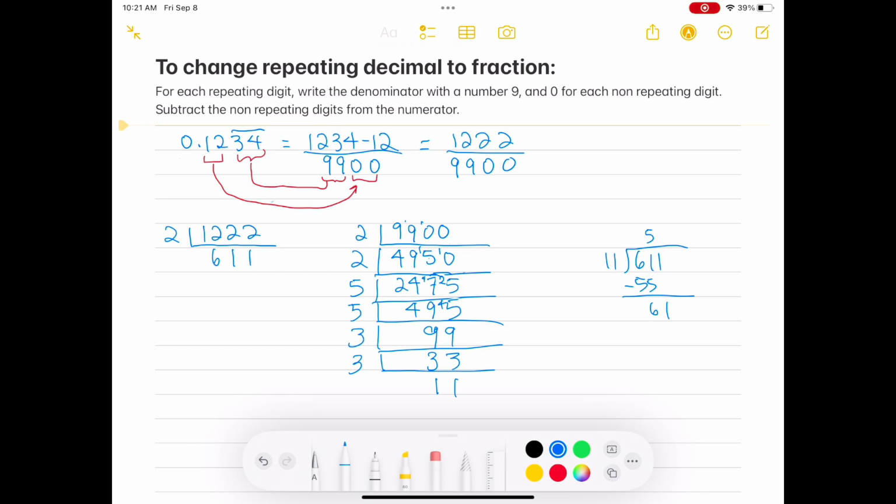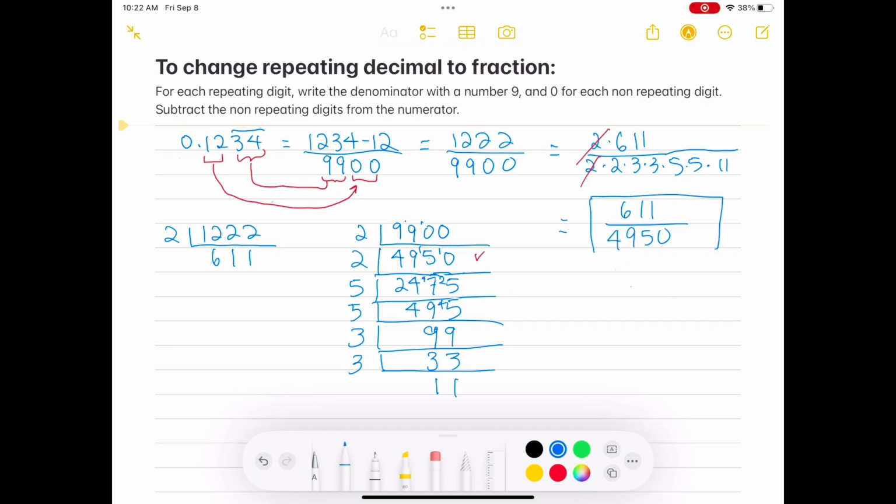And since 611 is not an even number, it is not divisible by 2, it does not end in 0 or 5, so it is not divisible by 5, and the digits add up to 8, which is not a multiple of 3. So therefore, I only need to check if 611 is divisible by 11, and it is not. So I can be assured that the simplest form of the fraction is 611 over 4,950.